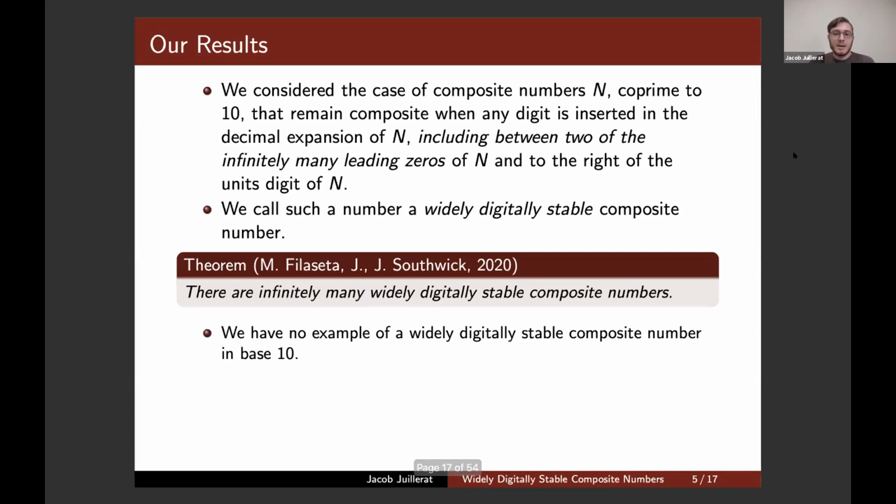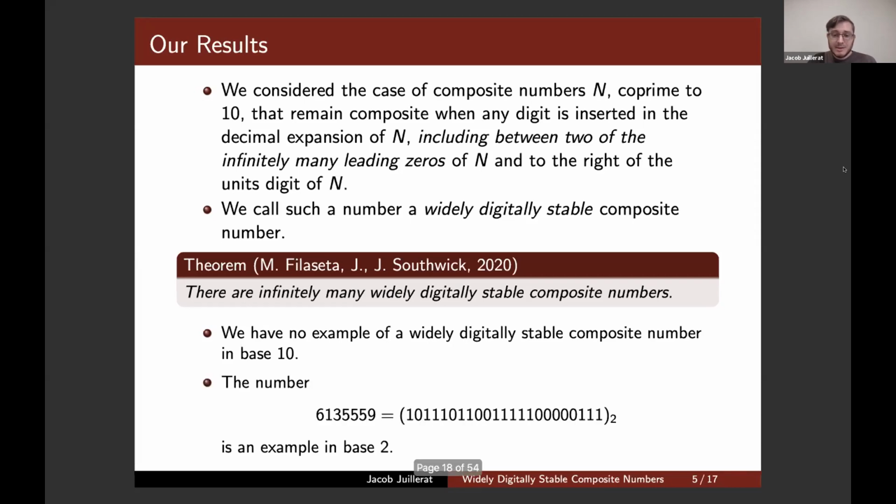And as I said, our proof is also going to be constructive, but we don't have an example just because we would need to solve a whole bunch of congruences, find a number that satisfies all these congruences, and our computers can't really handle that right now.